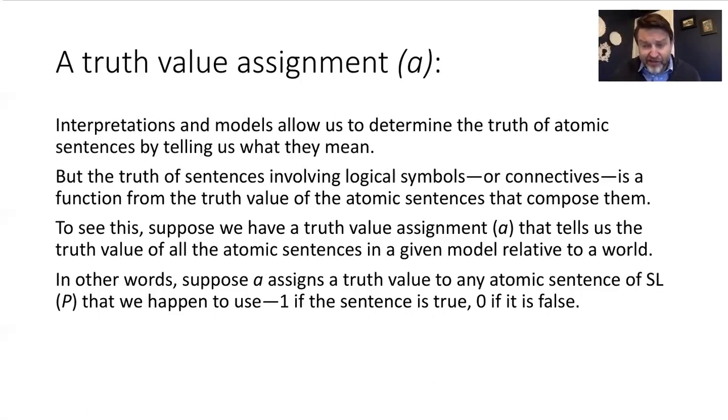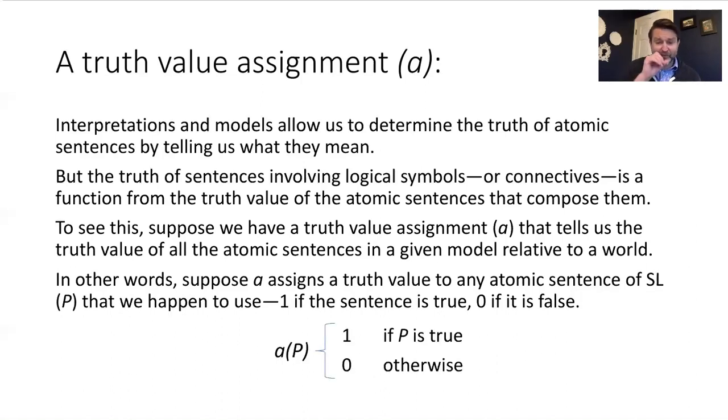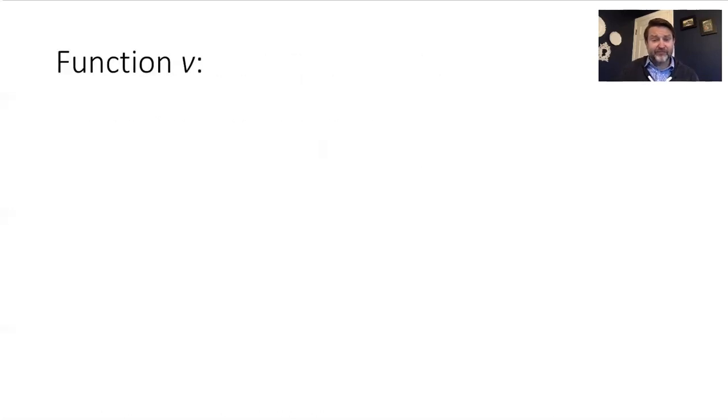So we get all the values for all of the sentences relative to the state of the world that's of interest to us, right? So what A does is it assigns a truth value of 1 to P if it is true, and 0 otherwise. Okay, so we have now a list of all of the truth values for all of the atomic sentences.